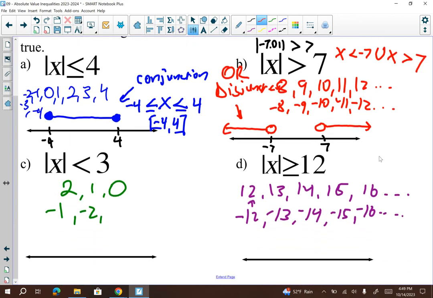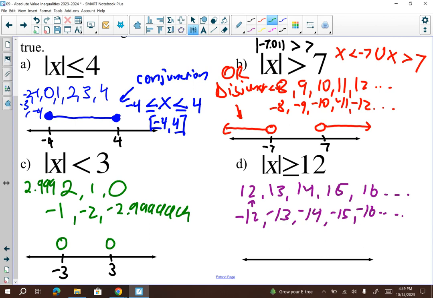For c, absolute value of x is less than 3. As we now talk about real numbers, yes, we can't include 3, but we could include 2.999 and -2.999999999. So on our number line, we're going to use 3 and -3, but with open circles because they can't be equal to.